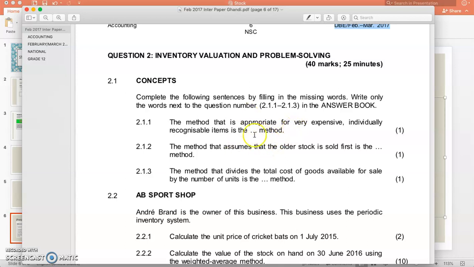I'm not sure if you did this in the last 2 days, but in addition to periodic and perpetual, there is one more method. This method is mostly for goods that are very expensive and individually recognizable.